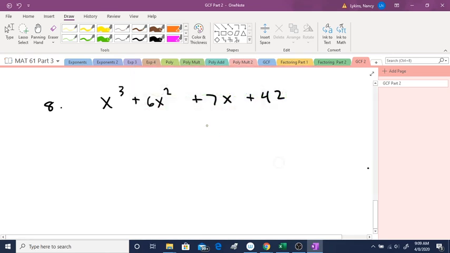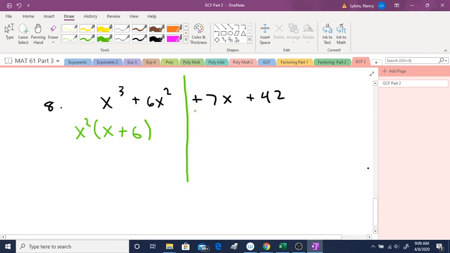What I'm going to do is I'm going to separate the first 2 and the second 2 terms by a big line right here. And I'm looking at the left. Forget about the right part of it. I'm looking at my left part. What do they have in common? Well, they have an x squared in common. They don't have a number in common. So what I'm going to do is I'm going to pull out the x squared from x cubed and I get x. I've got my plus symbol. And then I'm pulling out my x squared, which I am left with a 6.